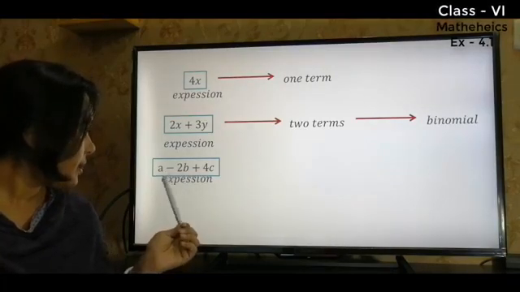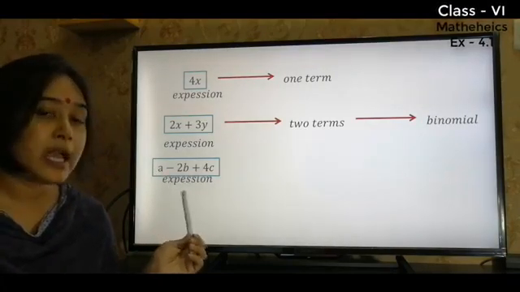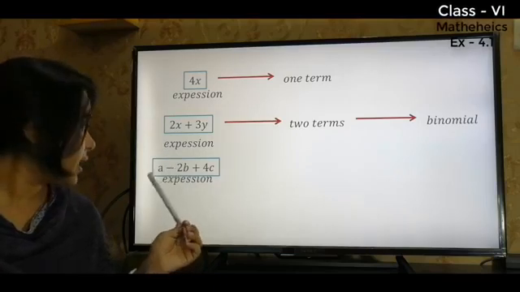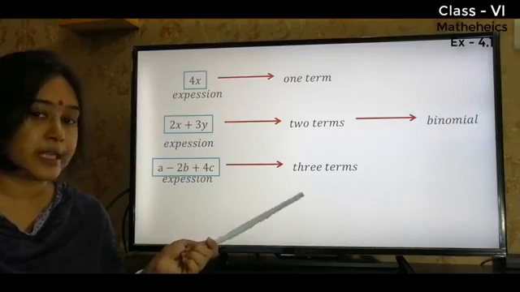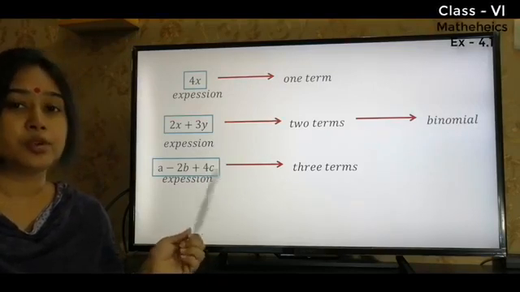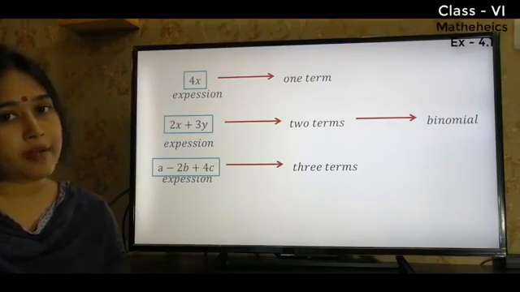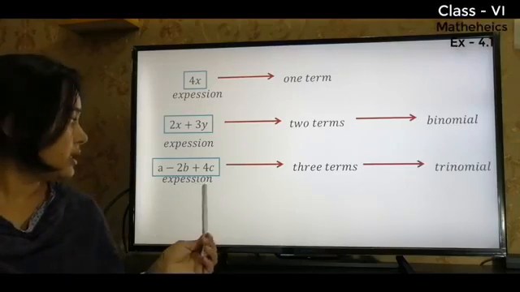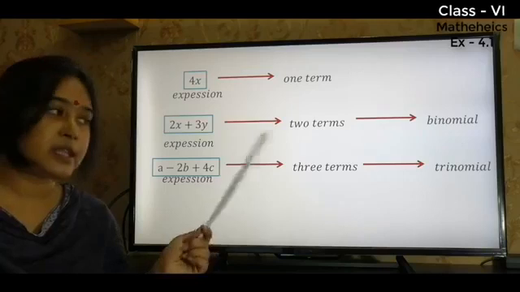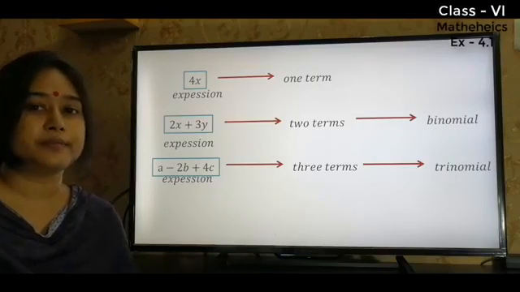Here you can see a minus sign and a plus sign. So how many terms are here? a, 2b and 4c. So three terms are here. These kinds of expressions, which have three terms, also have a name. That name is trinomial. What is the name of this kind of expression? That is trinomial.